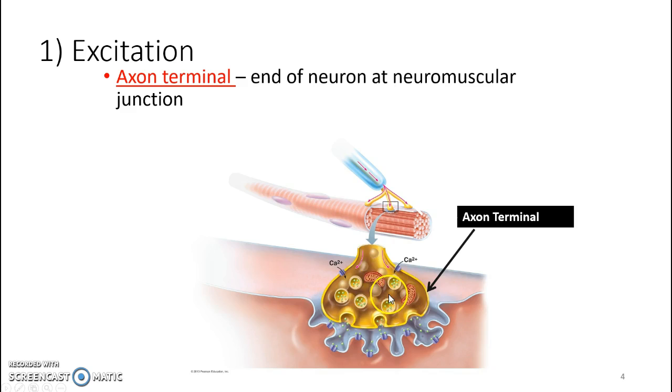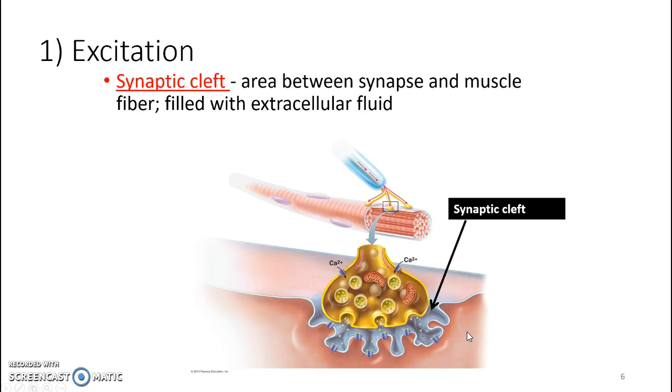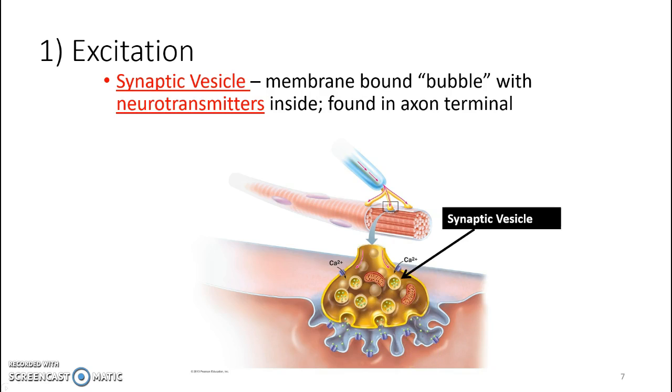So this is my axon terminal. This is my motor end plate. This is my synaptic cleft, which is that gap between the axon and the motor, or the muscle. These are these vesicles. These vesicles are designed to be filled with hormones.